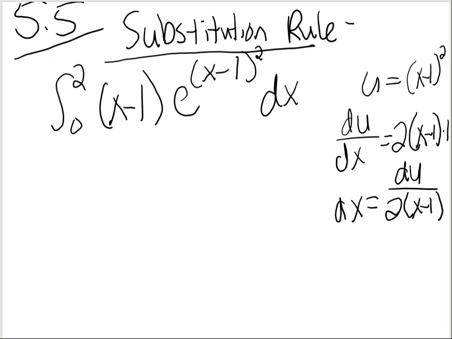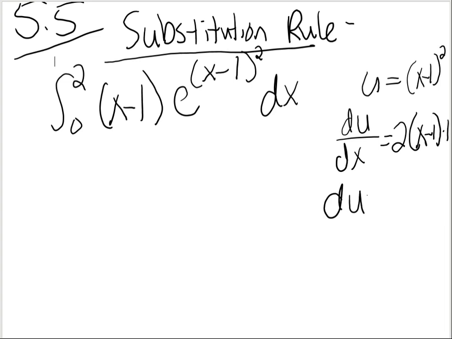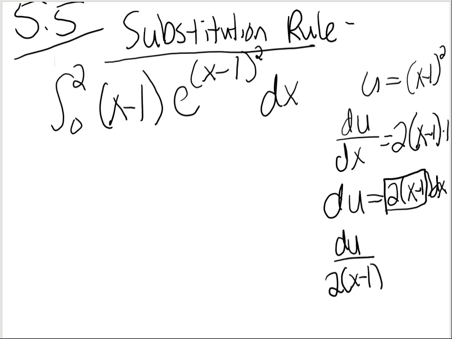And we get that by, we have that du is 2 times x minus 1 dx, so we divide both sides by 2 times x minus 1 and we get du over 2 times x minus 1 equals dx. So let's plug this in.